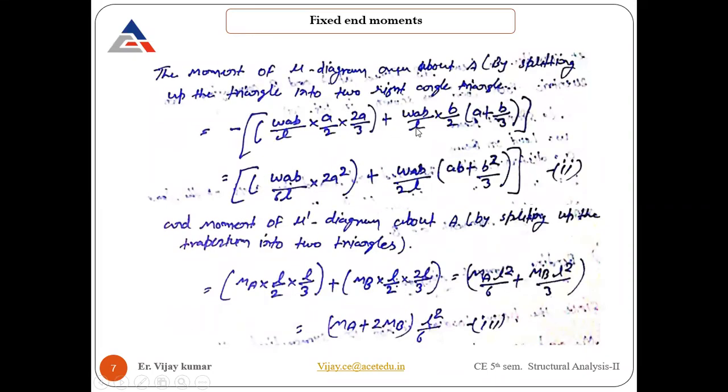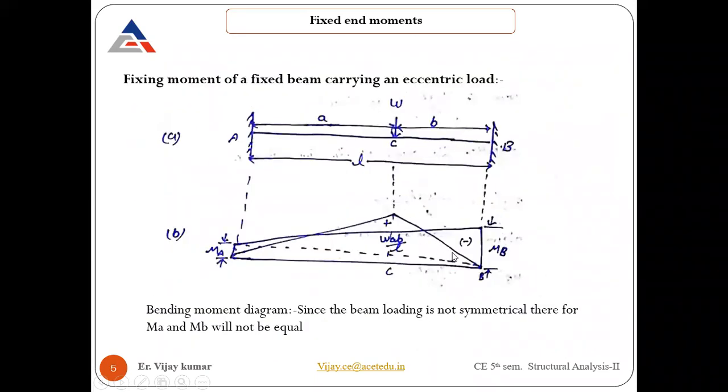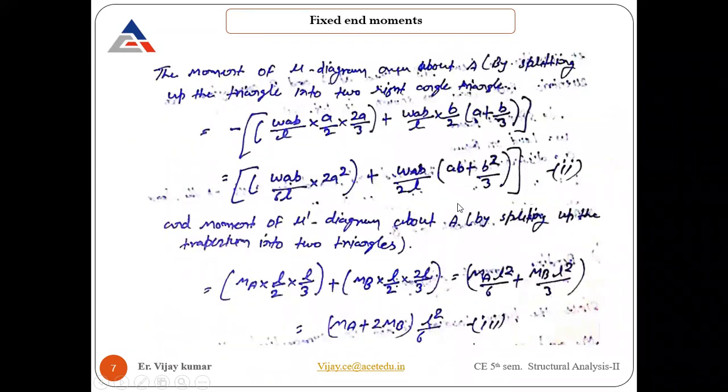Plus the remaining area, this area. We have to find it. Let me put it another way. So half WAB by L into B. Where will it act? It will act at the centroid. So now this distance from C will be B by 3 plus A. So that is the total distance about point A. So WAB by L into B by 2, this is the area.